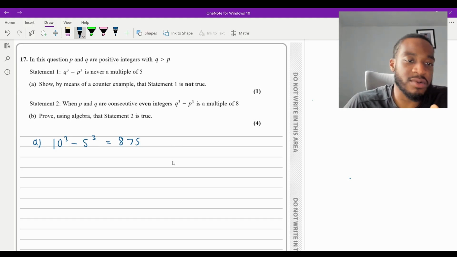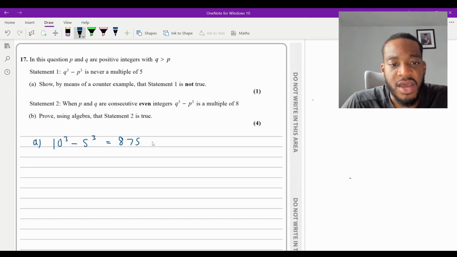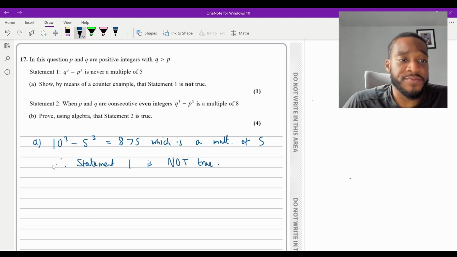So I'm just going to say 10 cubed minus 5 cubed is equal to 875, which is a multiple of 5. So therefore, statement 1 is not true. And that's it. That will give you 1 mark.